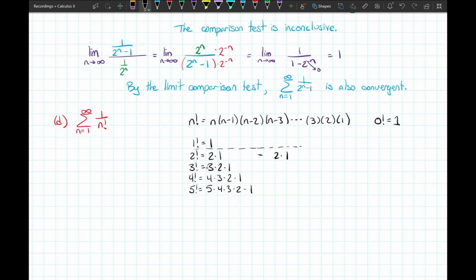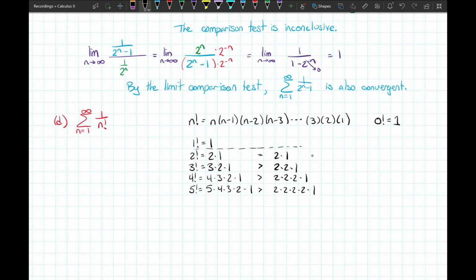When n equals 3, 3 times 2 times 1, well, that is greater than 2 times 2 times 1. 4 factorial, 4 times 3 times 2 times 1, that's definitely greater than 2 times 2 times 2 times 1. 5 factorial, that's definitely greater than 2 times 2 times 2 times 2 times 1.